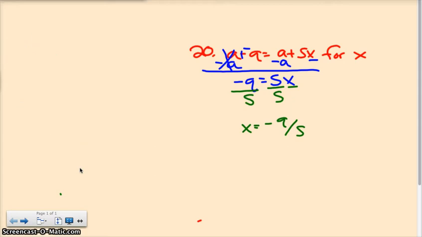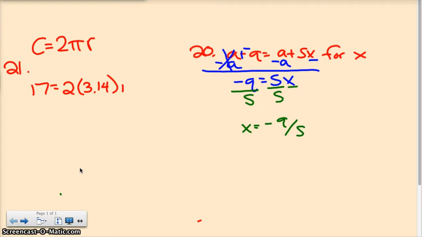21. We haven't learned this very much, but you have to know that circumference is equal to 2 times pi times the radius for this one. What's the radius of a circle that has a circumference of 17, round to the nearest tenth? Use 3.14 for pi. So I know that 17 is equal to 2 times pi times my radius. 17 equals 6.28 times my radius.